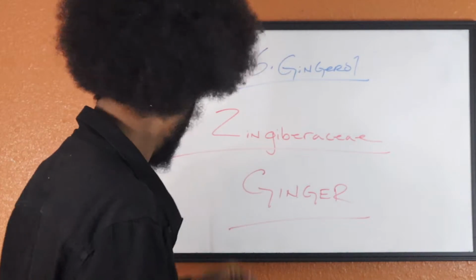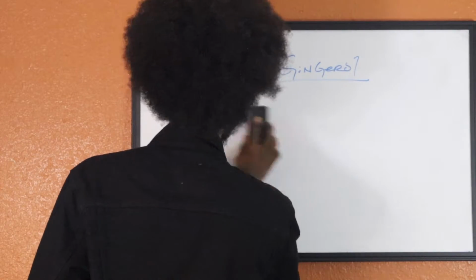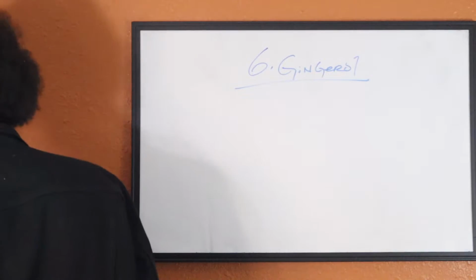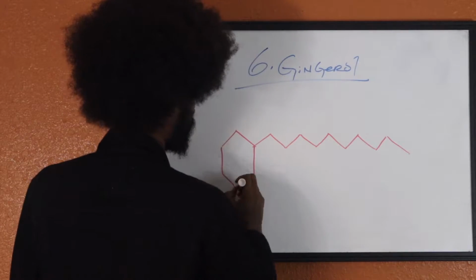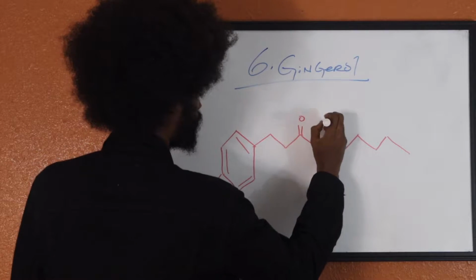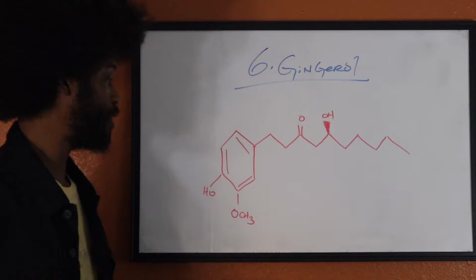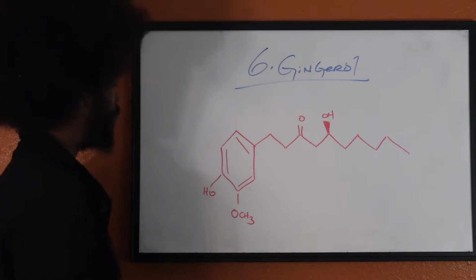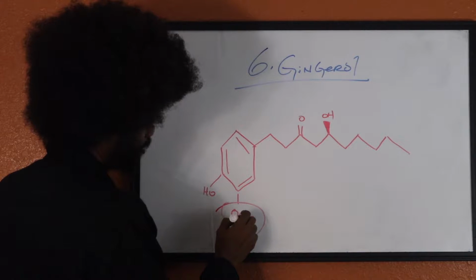So we're gonna draw 6-gingerol real quick. All right, put this up. So this is 6-gingerol right here. Notice the phenol group. Now right here we've got an interesting molecule, oxygen and a methyl group right there.